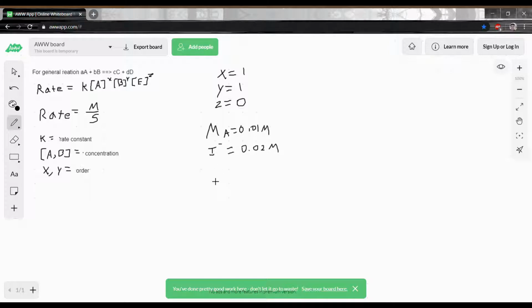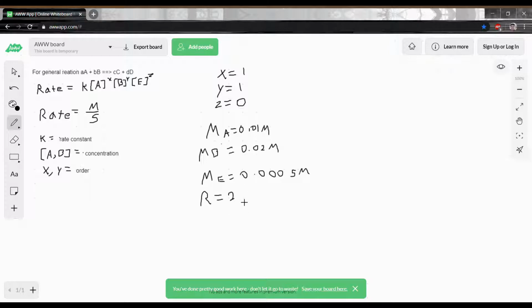And we're given a concentration for H plus. I didn't write these as I meant to. This is going to be the concentration of B. And finally, a concentration of E, which is 0.0005 molarity.